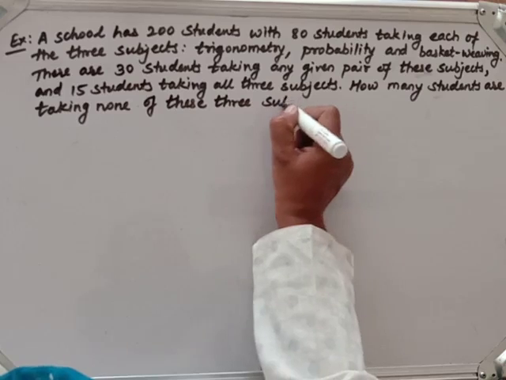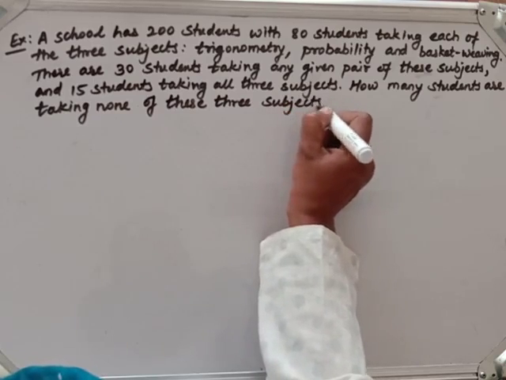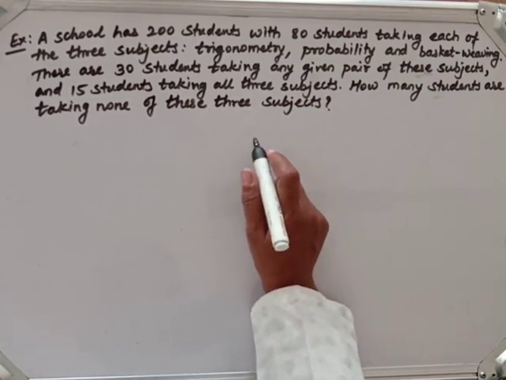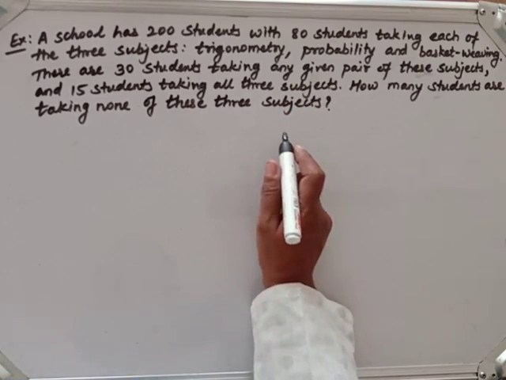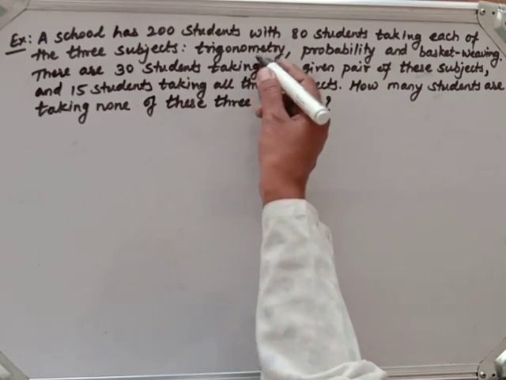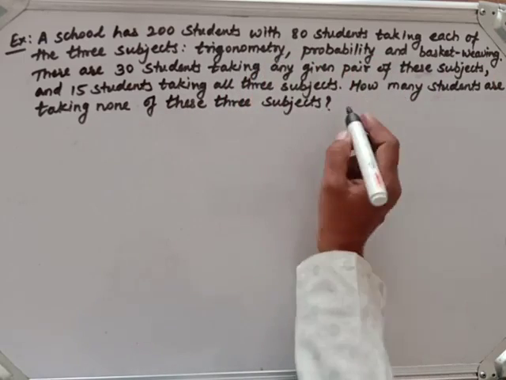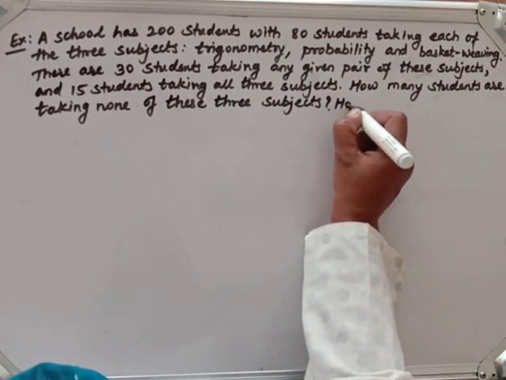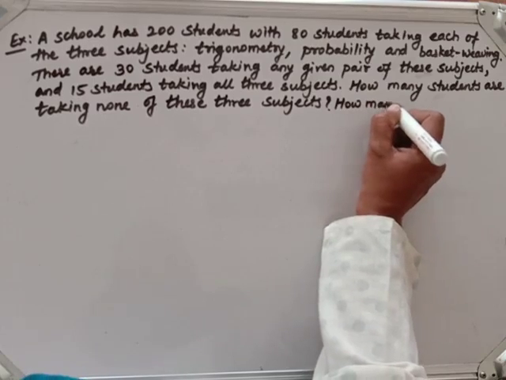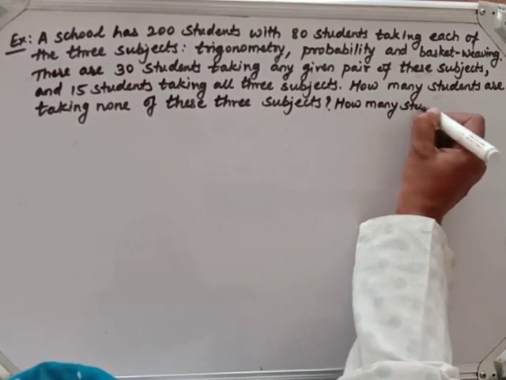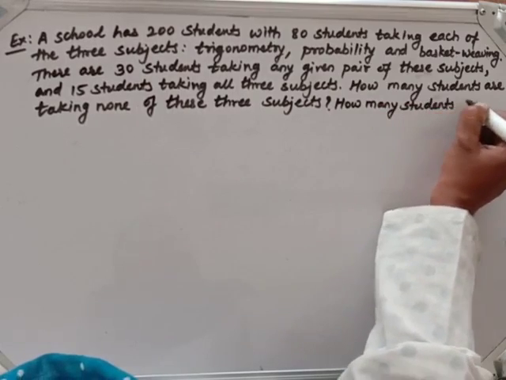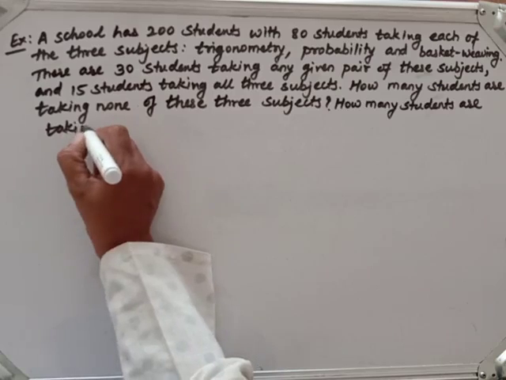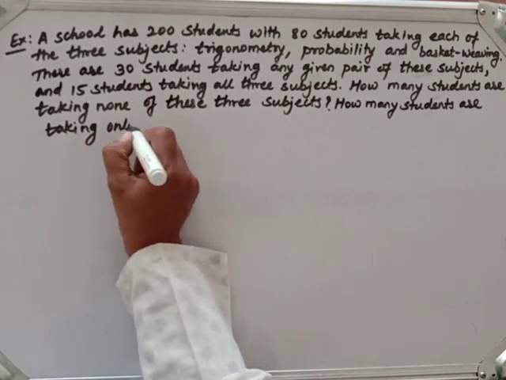None of these three subjects means again the same type of question, the complement of A union B union C. Let me assume the first subject is set A, then set B and set C. Then one more question: how many students are taking only probability?